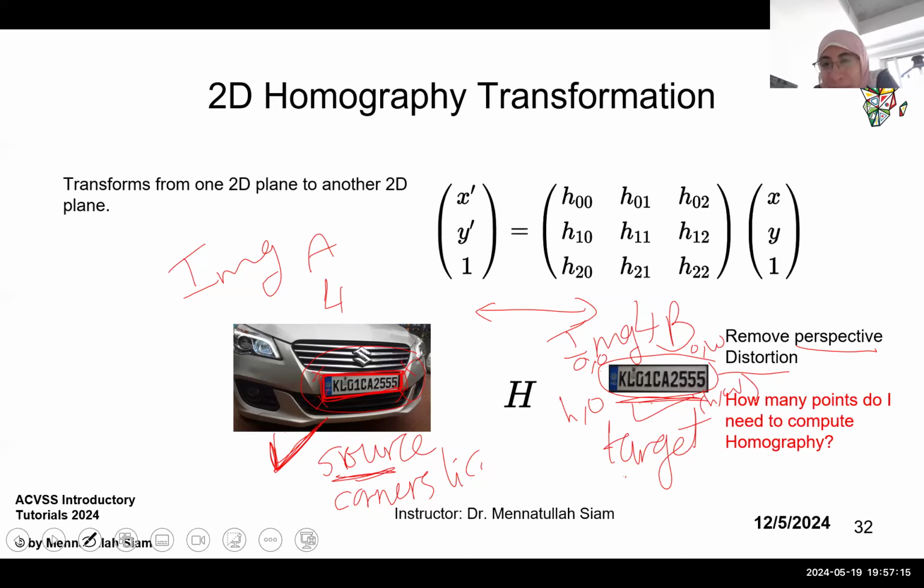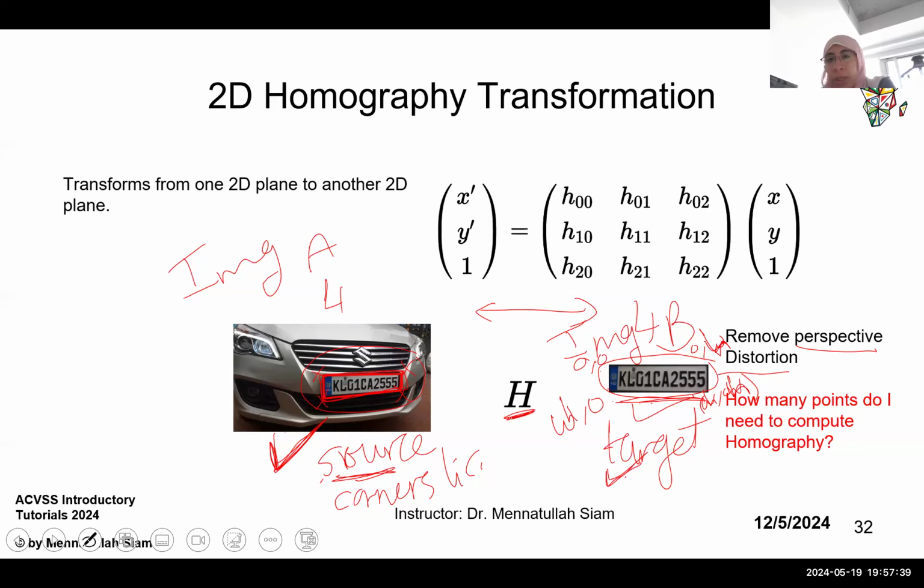It's probably the reverse, right? Yeah, this should be the width and this should be the height. But anyways, the corners of the license plate will define your source points, and the corners of the resultant image here will be the target points. And if you compute this homography, you can remove this perspective distortion.